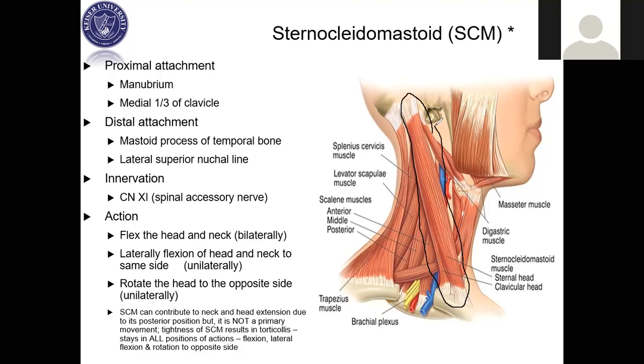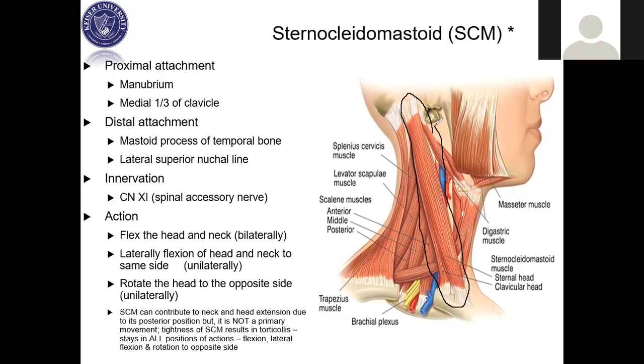and the mastoid process is its insertion. Now, there is also a piece of this muscle that is on the superior nuchal line, which is on the posterior portion of the head. It's not an important portion that you are truly going to need to know.